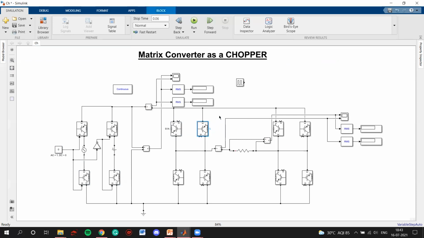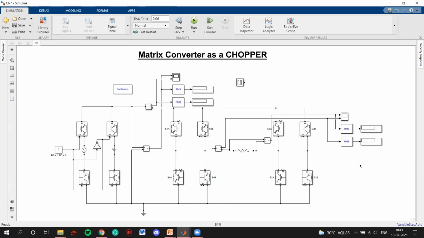This is S1B, S2A, S2B, S3A, S3B, S4A, S4B, right?